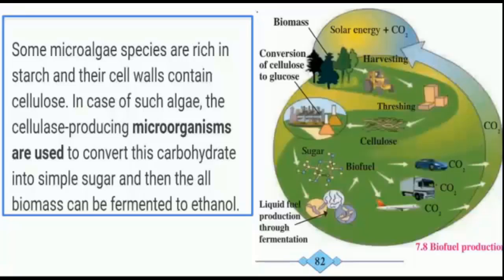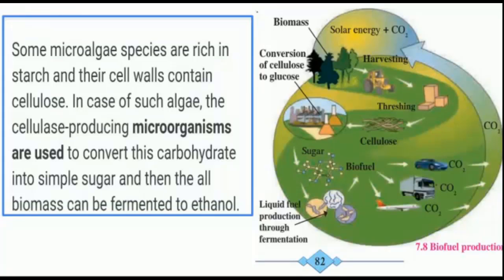Now this diagram is on page 82 of your textbook and it talks about biofuel production. So how do you explain this diagram? Now what happens is some microalgae species, I've already told you what microalgae are. These are algae which you can't see with the naked eye, so you can only observe them under the microscope.